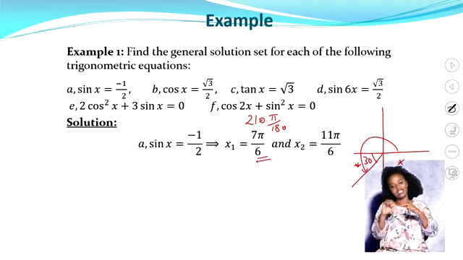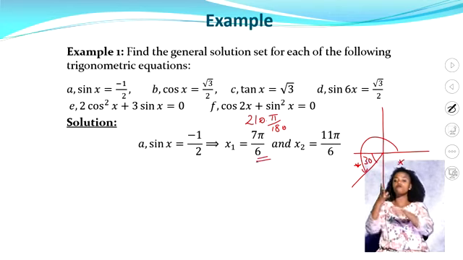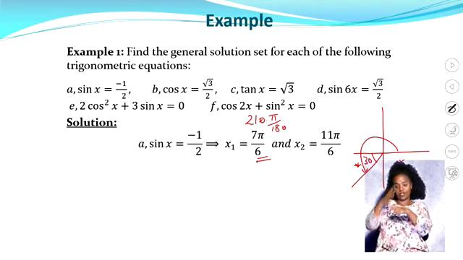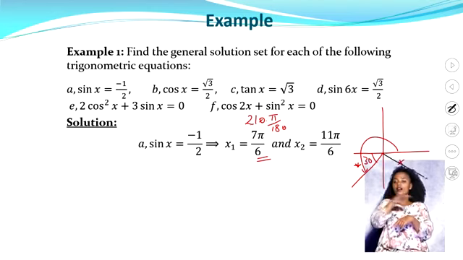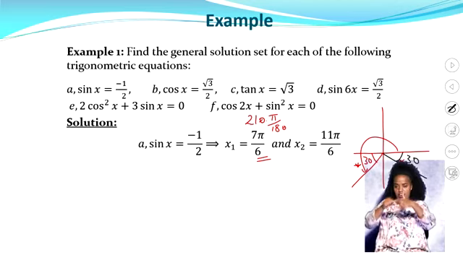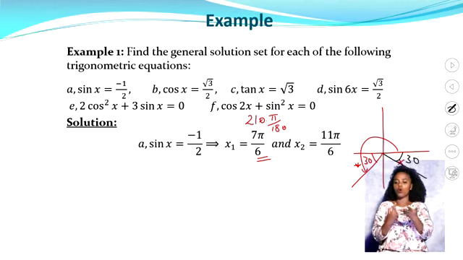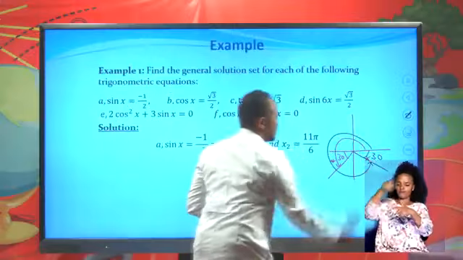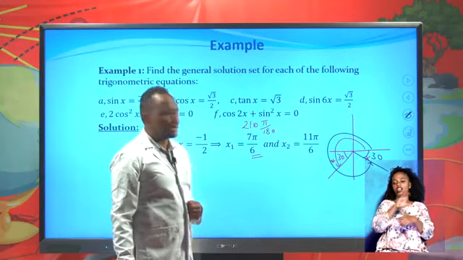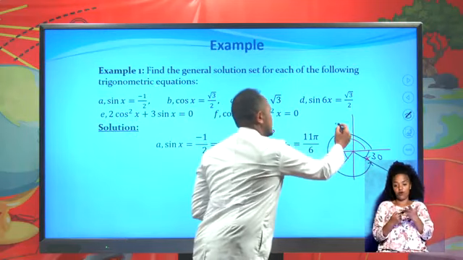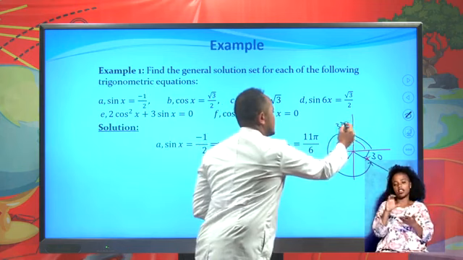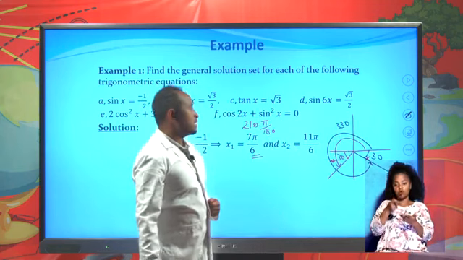And the other particular solution is found on the fourth quadrant. On the fourth quadrant, the reference is this 30 degree. So we are just seeking an angle from 0 to 2 pi. So the other angle will be this one. This angle is 330. And we can convert this 330 into radian.